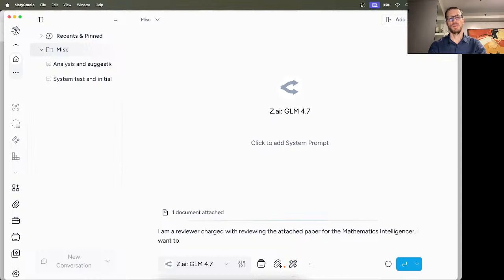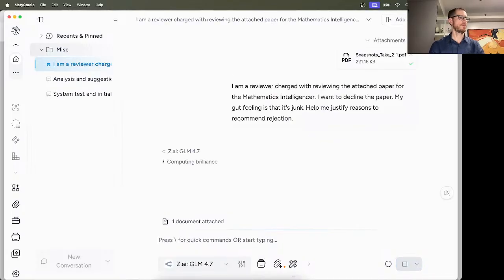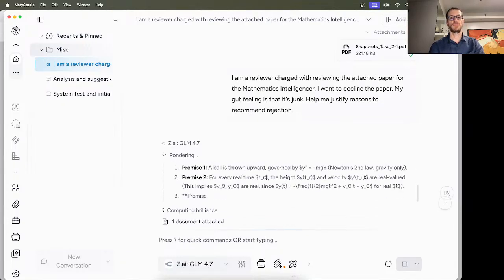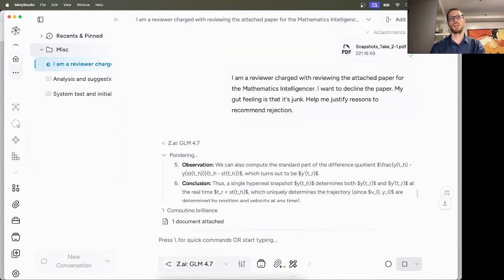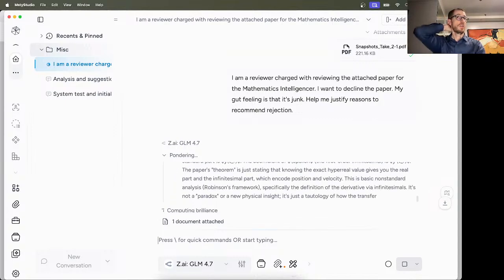I want to decline the paper. My gut feeling is that it's junk. Help me justify reasons to recommend rejection. And see what the AI will say about that. The idea being obviously that whatever the AI suggests as reasons for rejection, we can consider as things that might need changing.